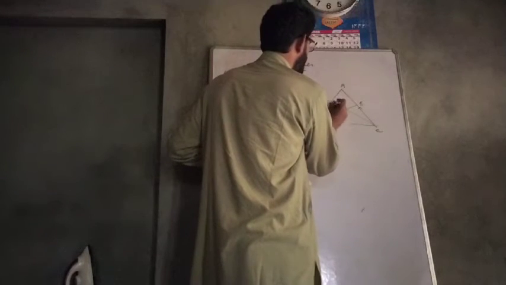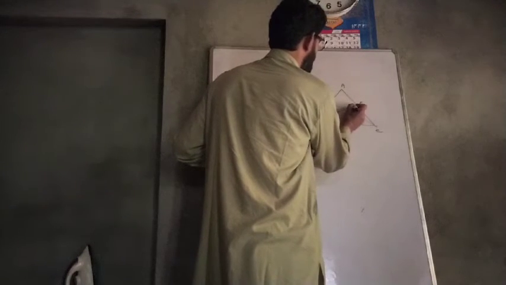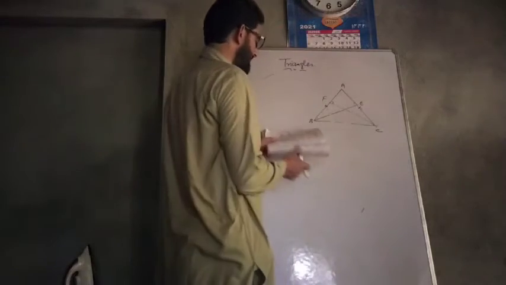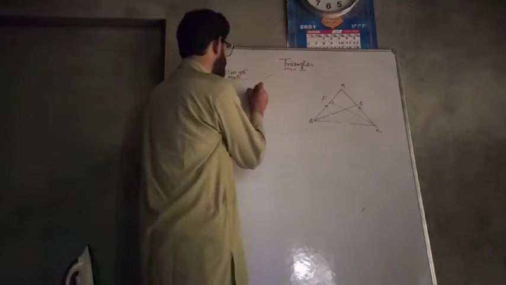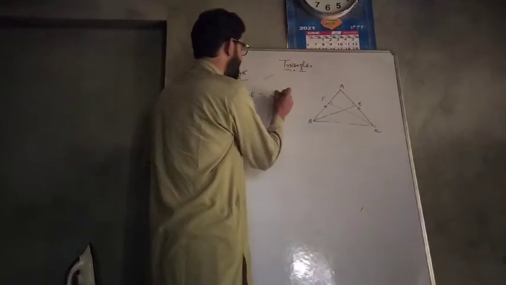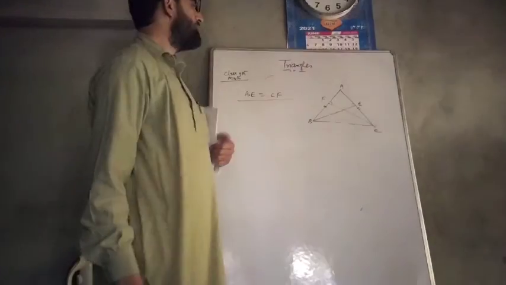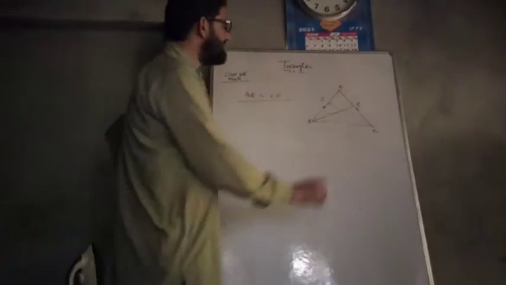Now this angle and this angle are perpendicular, obviously these two angles are equal. Now we have to prove that BE is equal to CF. We have to prove that altitudes are equal. Let's take these two triangles.